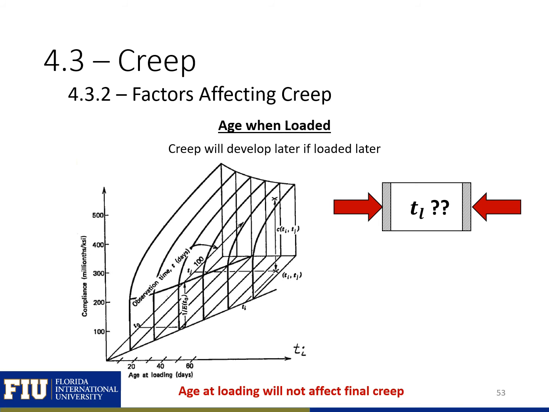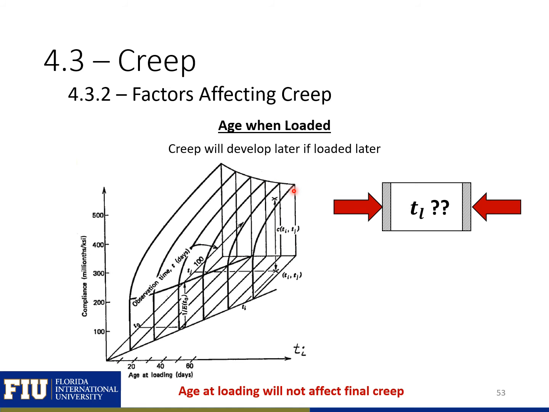We can see that creep will also be affected by the age at which the beam or specimen is loaded. So creep will develop later if it's loaded later. Here we have a plot of our creep coefficient plotted against age and plotted against time when it's loaded. So you can see here, the later that it's loaded, the lower the creep strain at this time, 100 days after loading.